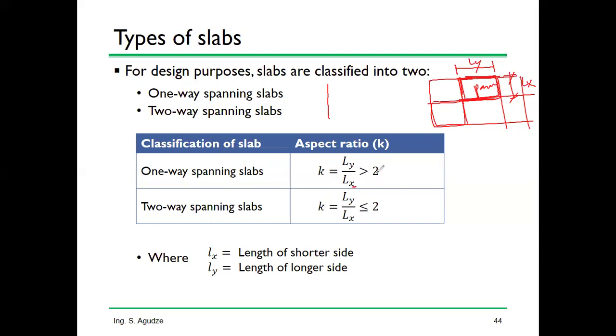If the answer is greater than 2, we classify the slab as one way. If the answer is less than or equal to 2, we classify as two-way. This is very easy. Do you understand it? Any question?